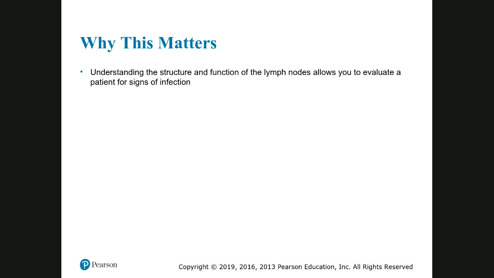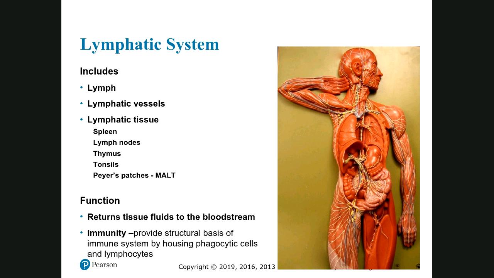This lymphatic system consists of three parts. We have the network of lymphatic vessels, the lymph that is within these vessels, and also some structures that clean the lymph. We call those lymph nodes, okay? So the lymphatic system includes the lymph, the lymphatic vessels, and the lymphatic tissue.